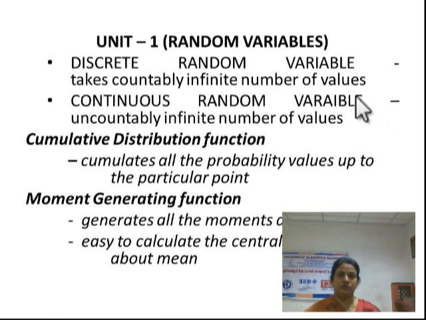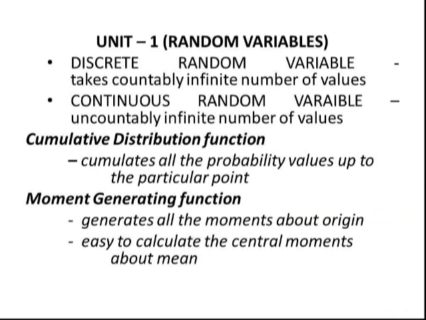Along with that, we will discuss in detail the cumulative distribution function, which will cumulate all the probability values up to a particular point, and the moment generating function, which will generate all the moments about the origin, so that it is easy to calculate the central moments about the mean.